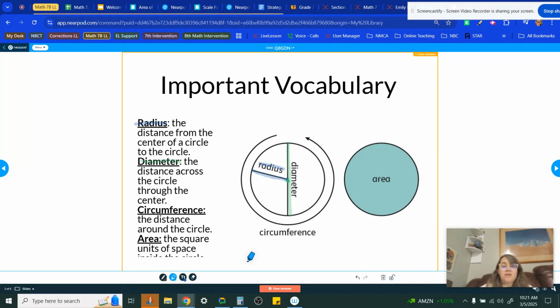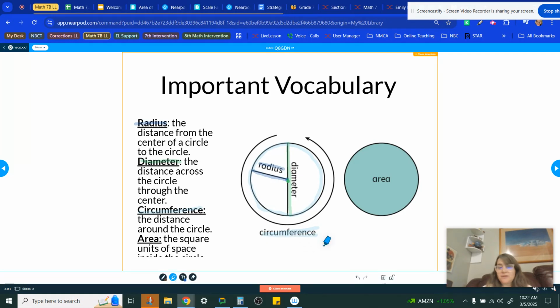Okay, the circumference is the distance around the circle. So this, let me try that again. Yikes. This is the circumference. It goes all the way around the edge of the circle.